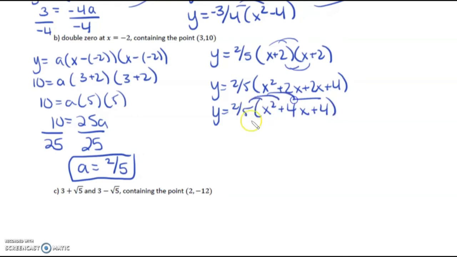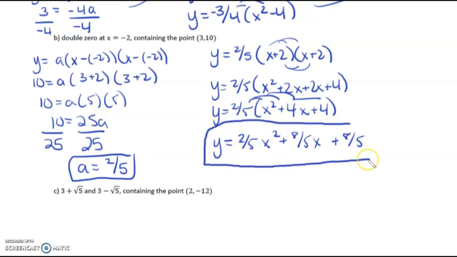And now distribute the 2 over 5 into the bracket. We get y equals 2 over 5 x squared plus 8 over 5 x plus 8 over 5. Okay, and that's the equation that goes through 3 comma 10 and has a double zero at negative 2.